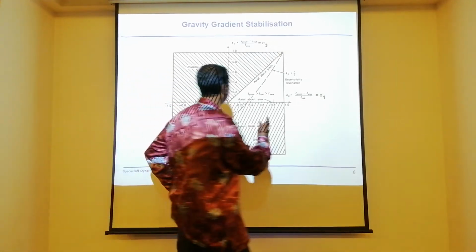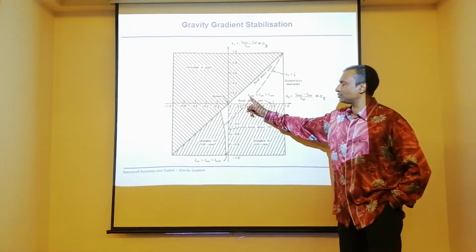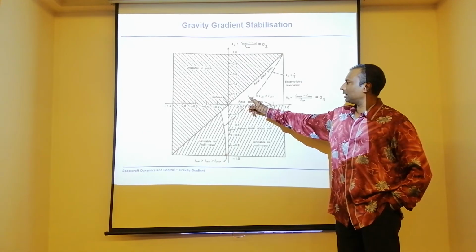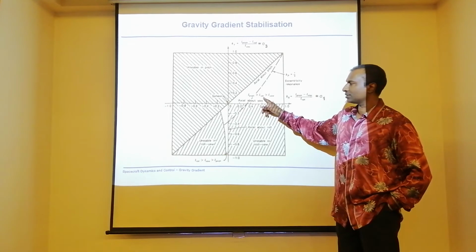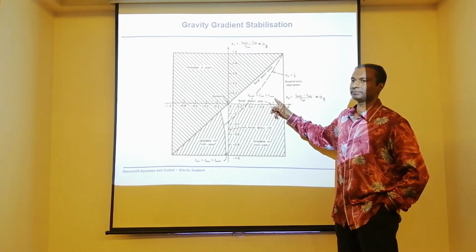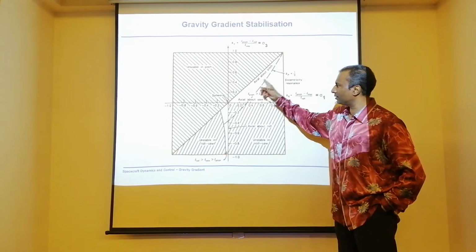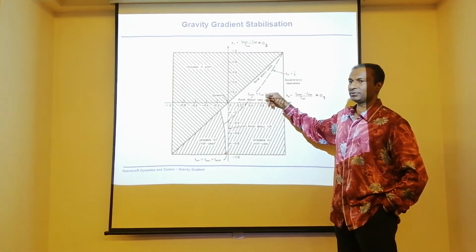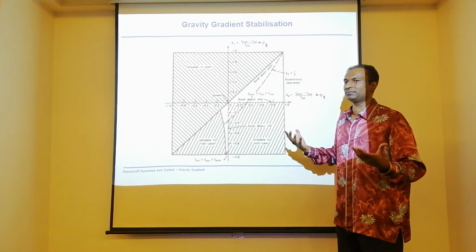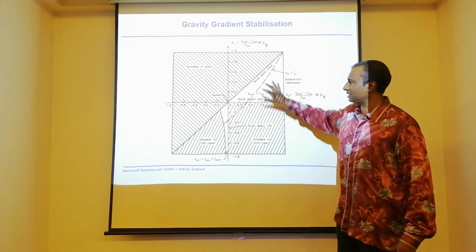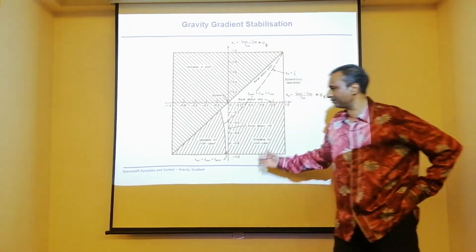Or there's another one: the pitch inertia is larger than the roll inertia, and the roll inertia is larger than the yaw inertia. You will arrive at these stable regions. So there are very tight regions. You can't do much. You just simply can't do much. Okay, so let's see in an implementation how we do it.